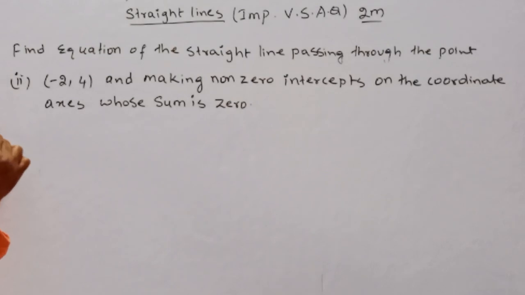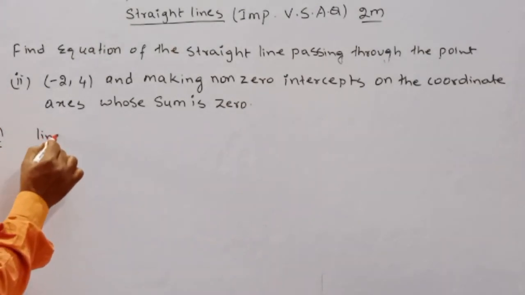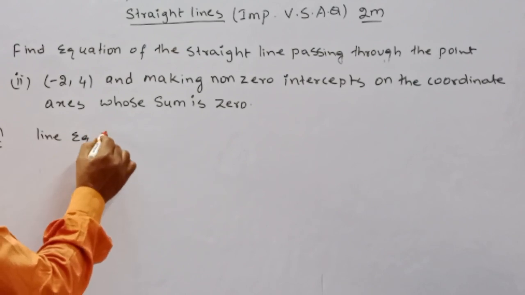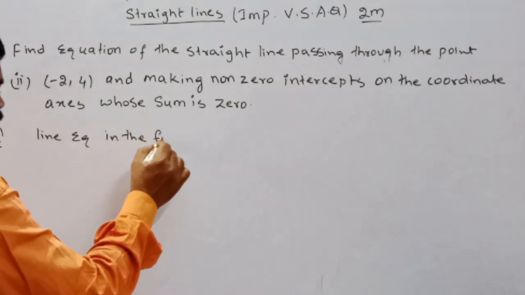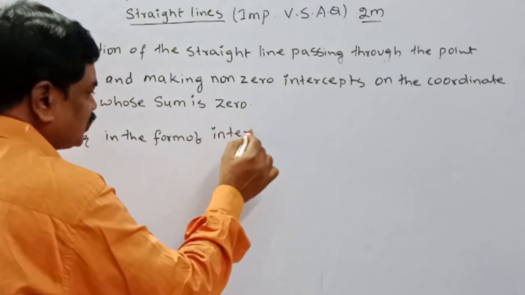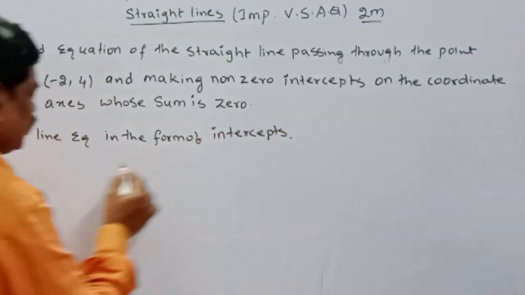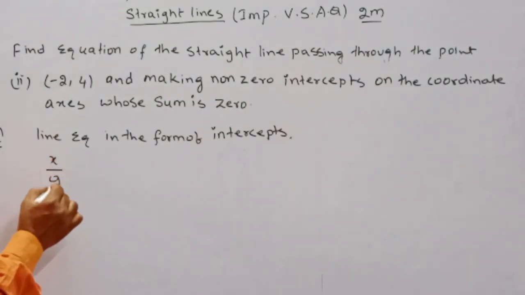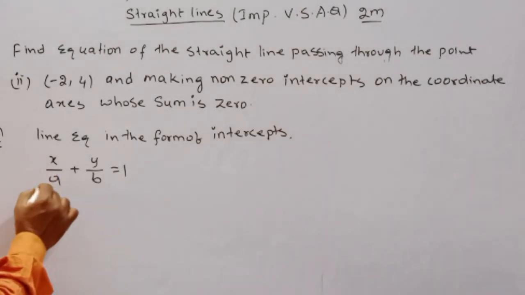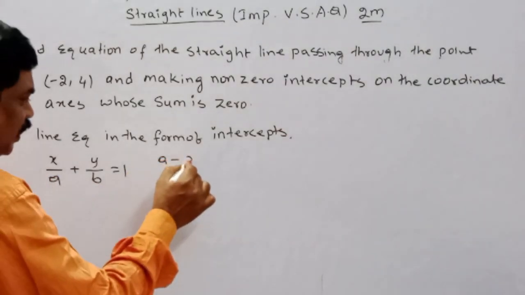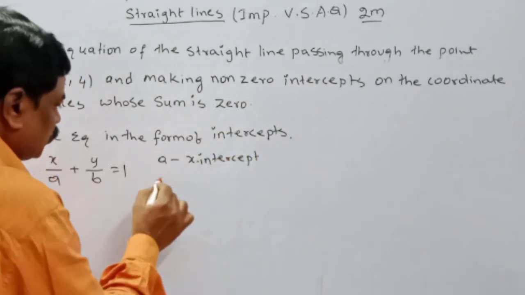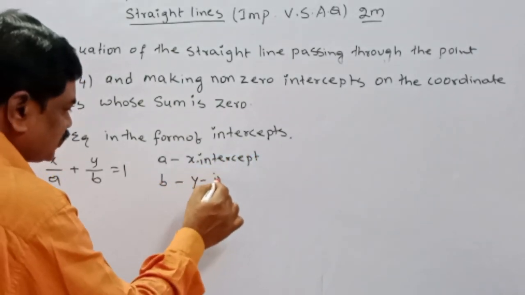So, first you have to write line equation in the form of intercepts, that is x by a plus y by b is equal to 1. a, x intercept, b, y intercept.